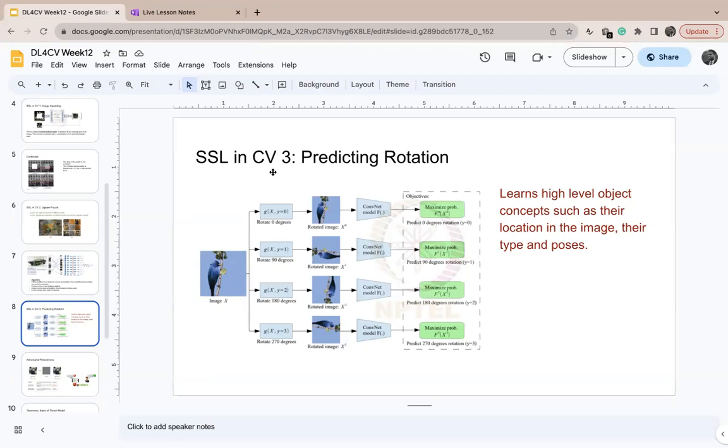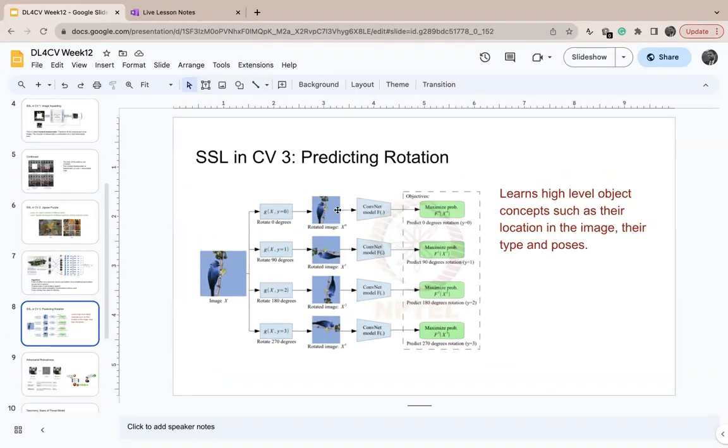This G is taking X and Y equals 0 and giving X0, and similarly X1, X2, and X3. So these are all rotated and transformed images, and each image has an associated label along with it.